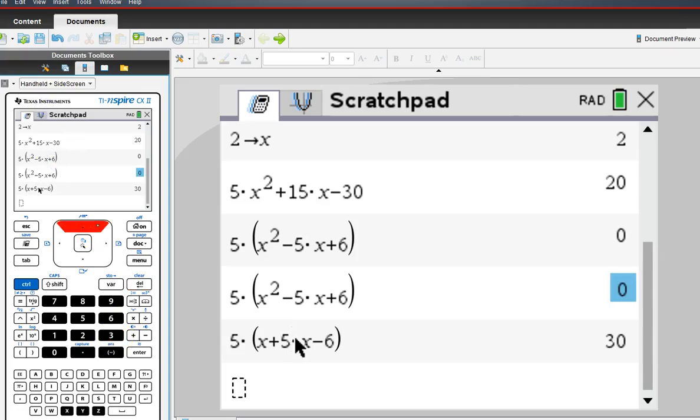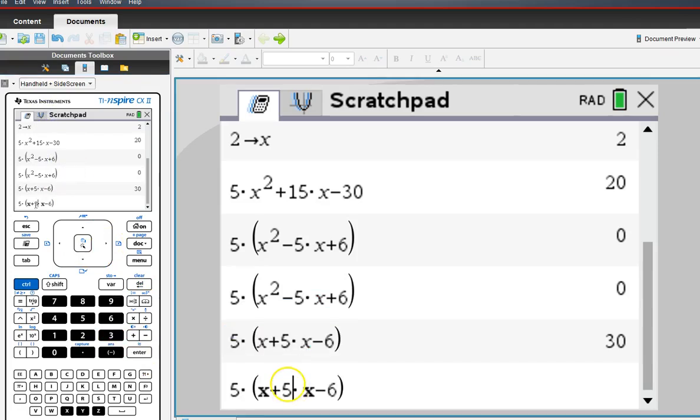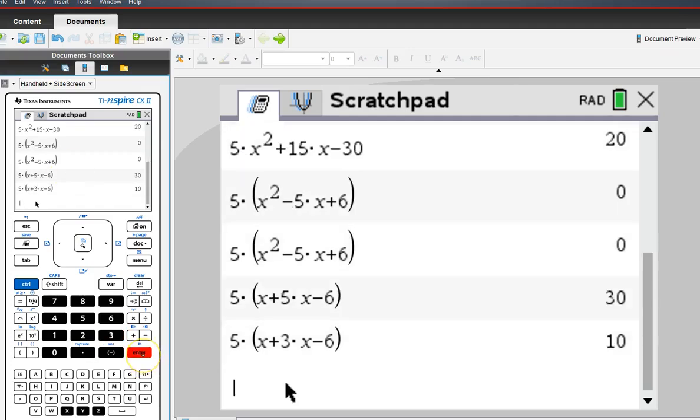Let me copy it first. And then let's make this a 3. Hit enter. And notice we get 5x squared. We should get 20.